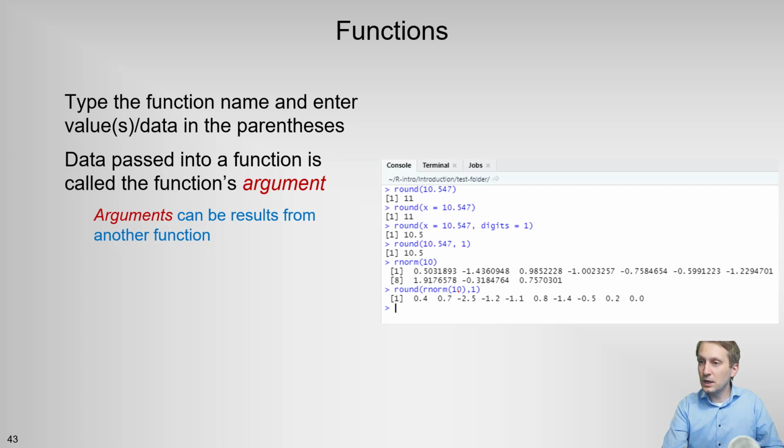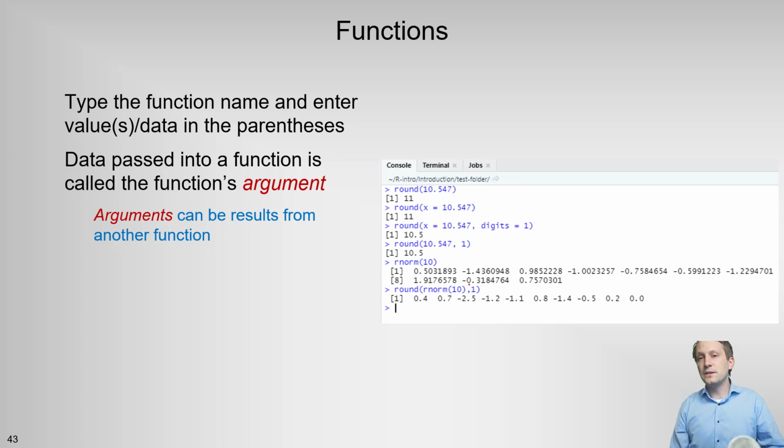And if you wanted to round them to one digit, around this rnorm(10) command we put the parentheses and the round command call. So basically you have to read from the inside out. First we generate 10 random numbers and then we round them to one digit.